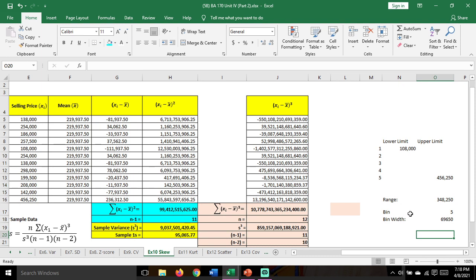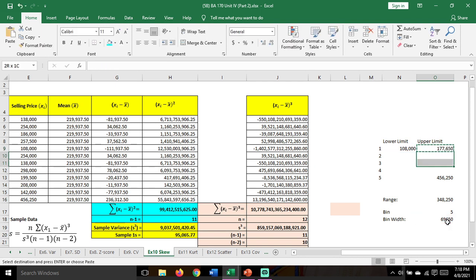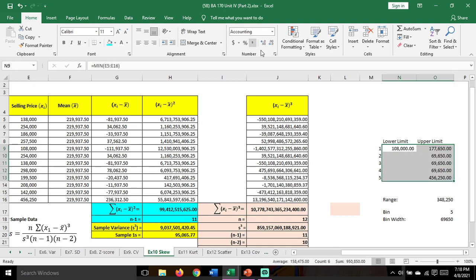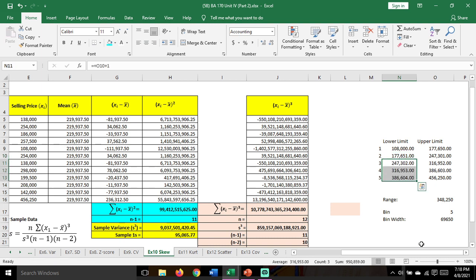So it's 69,650. So we just add here plus ito. Okay, so copy paste ko lang siya. Okay, so i-check natin kung wala siyang decimal point. Okay, so wala siyang decimal point, so pwede natin gawin the upper limit plus 1. Okay? So, yan. So, there you have it.